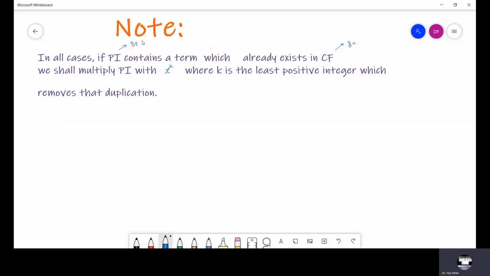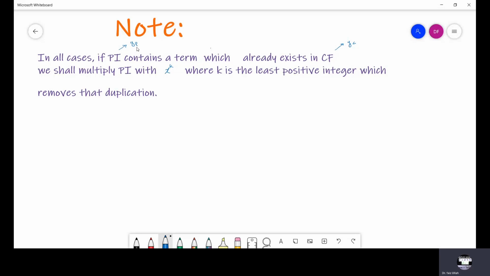Let us see an important note. In all cases which we have studied, if we find yc and then we use the substitution of yp, and if we see that there is a common term in yc and yp, we shall multiply yp with x.